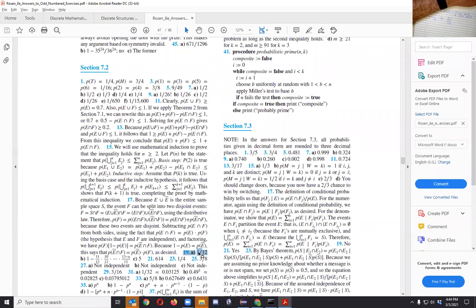So for part A, it was 1 over 2. Oh, nope, I was wrong. So the way they're doing the math on part B is they're saying it's going to be 1 minus the probability that the second person is not born in the same month, or the third person also born in a different month than the first one.